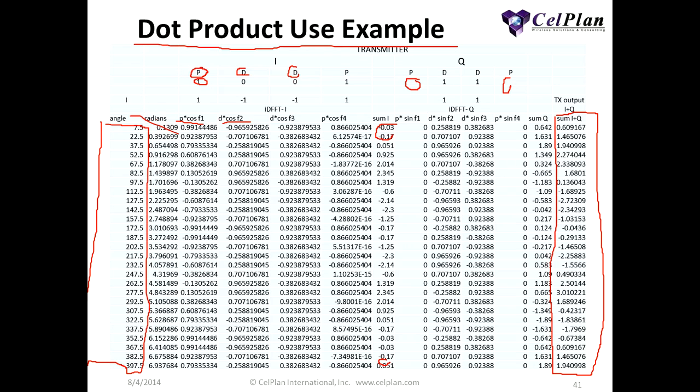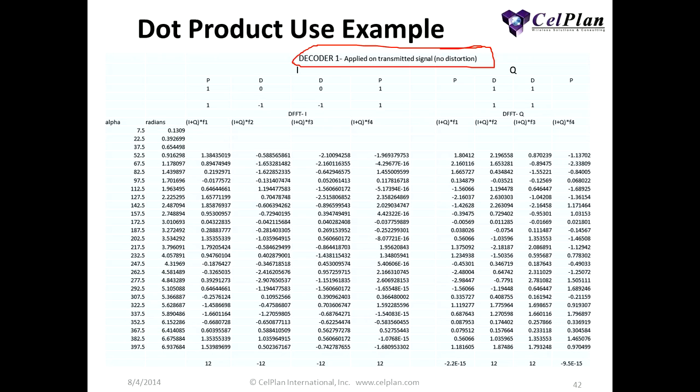And in this slide, we did the transmitter. In the next slide, what I have done here is a decoder. Same thing again, but now I multiply my combined signal, I plus Q, by my first subcarrier, my second, third, fourth, and so on.